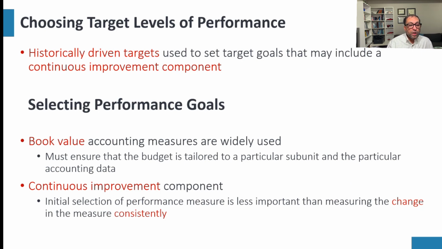Historically driven targets are used to set goals that may include a continuous improvement component. For selecting performance goals, book value accounting measures are widely used. This ensures that the budget is tailored to a particular subunit and the particular accounting data. With a continuous improvement component, the initial selection of the performance measure is less important than measuring the change in the measure consistently.